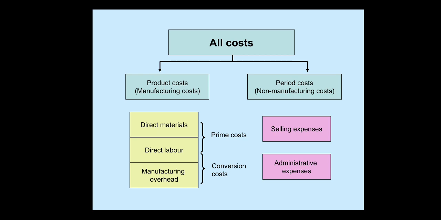So what are the manufacturing costs or product costs? Like I said earlier, in accounting, the costs to manufacture a product are three. First, direct material cost. Second, direct labor cost. Third, manufacturing overhead cost. So total manufacturing cost equals direct material cost plus direct labor cost plus manufacturing overhead cost.